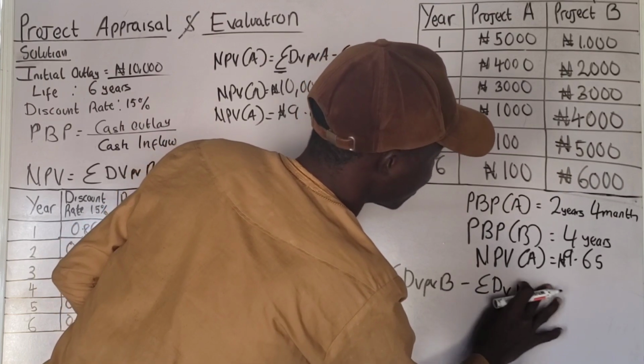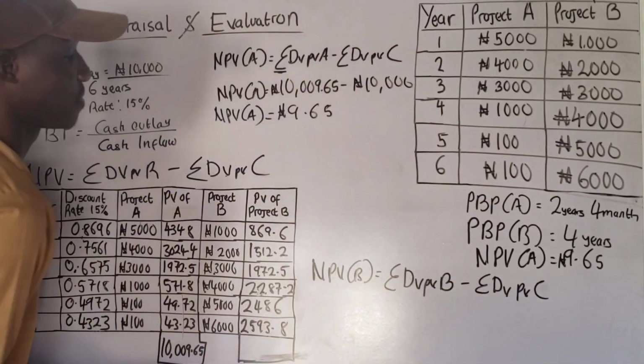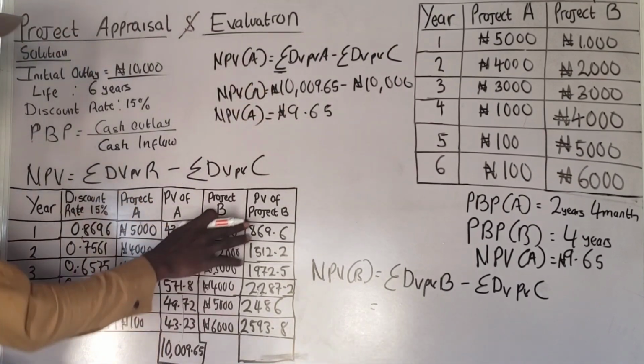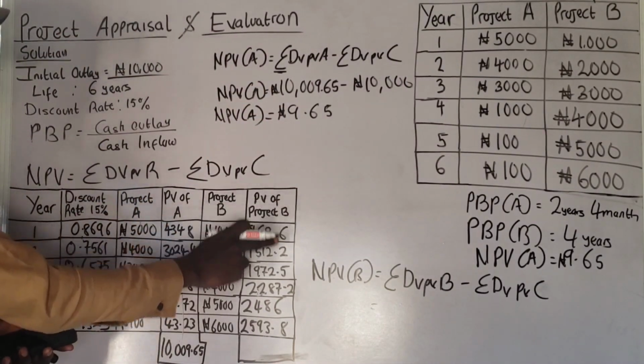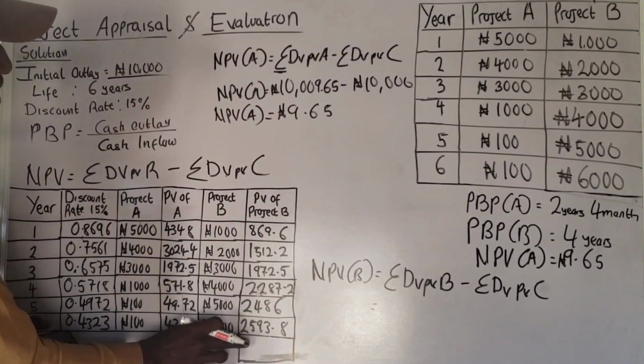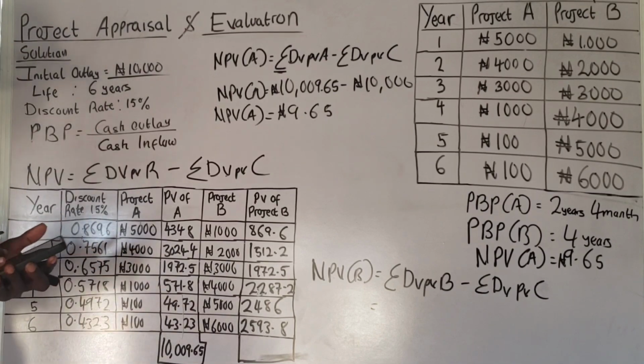Sorry, this should be for the cost. So for this, if you add all this together, that is 869.6 plus all this up to this. Let me add this together.